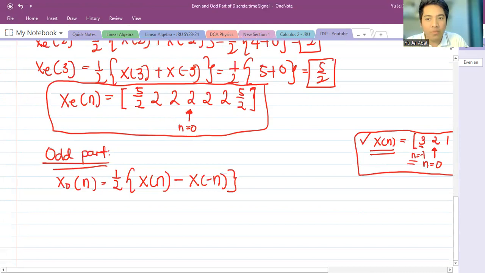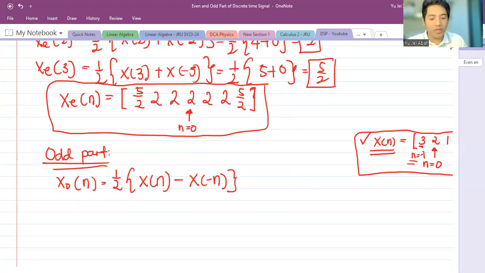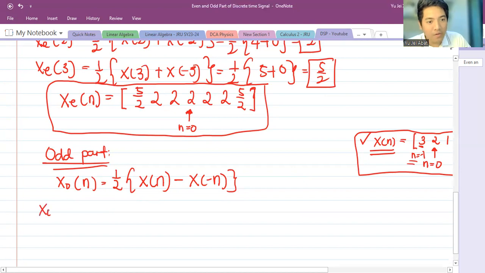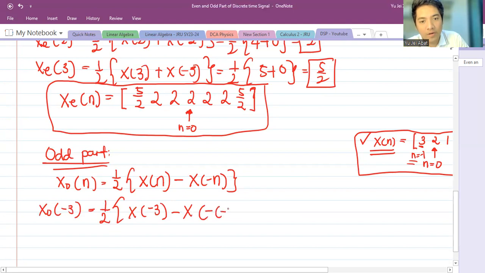Again, we're going to get from n equals negative 3 to 3. So we're going to start with the odd part at negative 3. So we have 1/2 [x of negative 3 minus x of negative of negative 3].